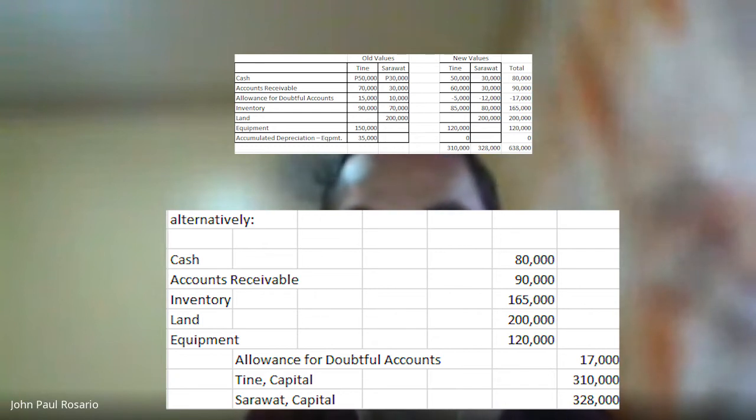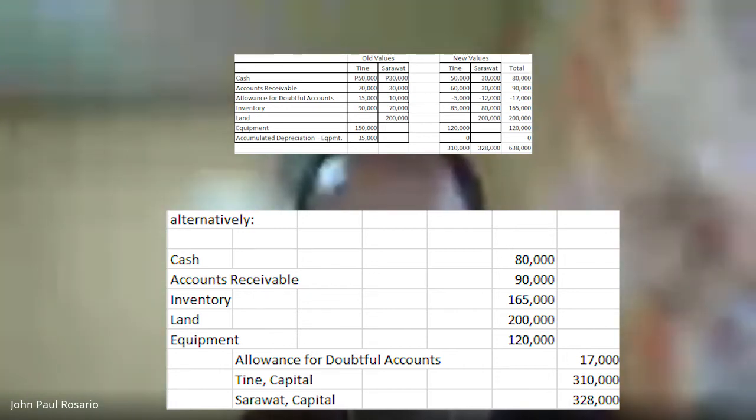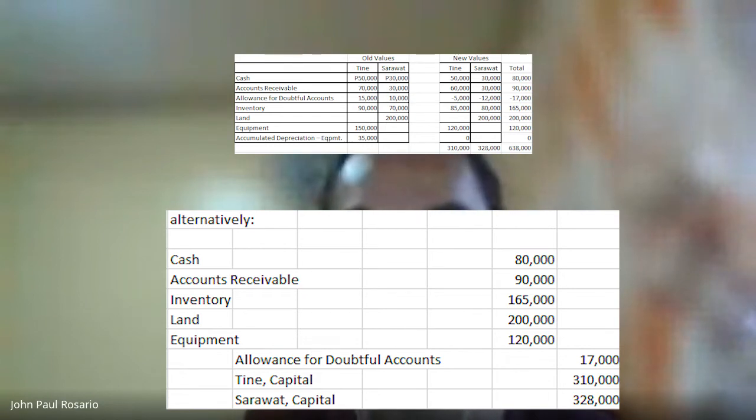And then your accounts receivable is 90,000 with a total allowance of 17,000. And then we have here inventory of 165,000, 200,000 worth of land, and 120,000 worth of equipment. For Time capital, that was 310,000, and for Sarawat, it was 328,000.